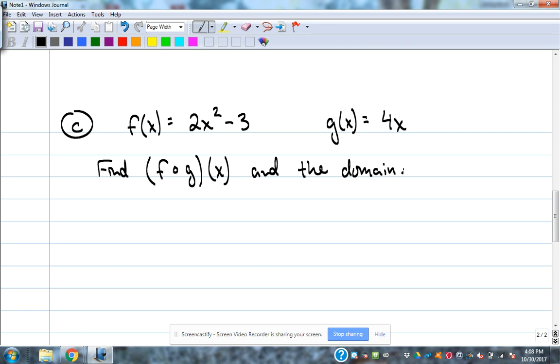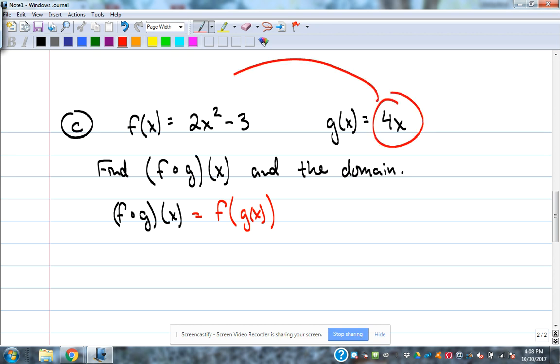Okay, so f composed with g of x means take g of x and put it in function value style in f of x. Okay? So we don't have a number there, but we've got a function that we're going to put in there. So we're going to take this and replace x with it in that function. That's what function composition does.